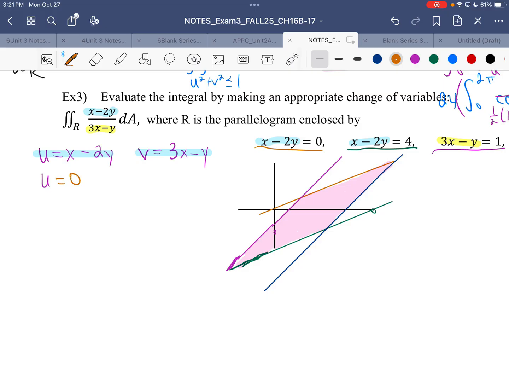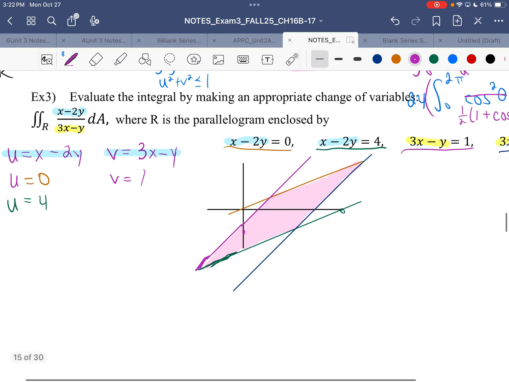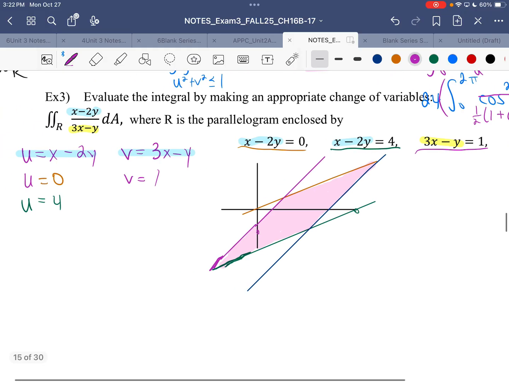Zero and 4. And then v would be 1 and 8. You guys get where I'm getting those numbers from? Like what each of those equations is equal to?